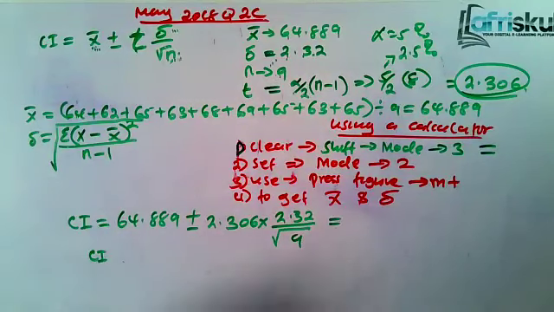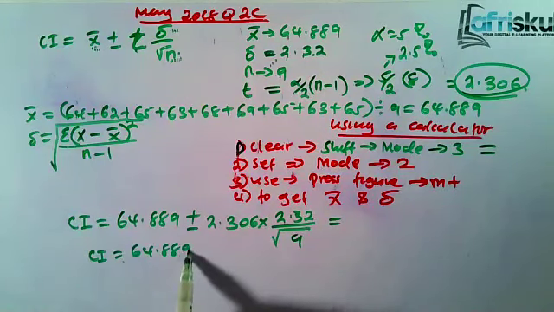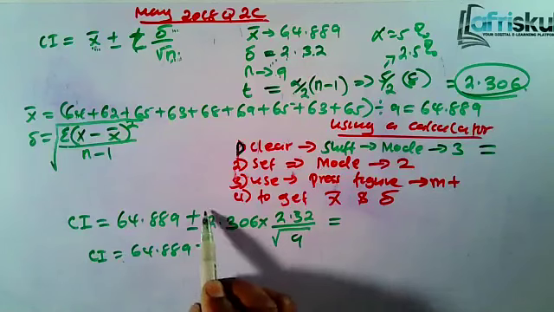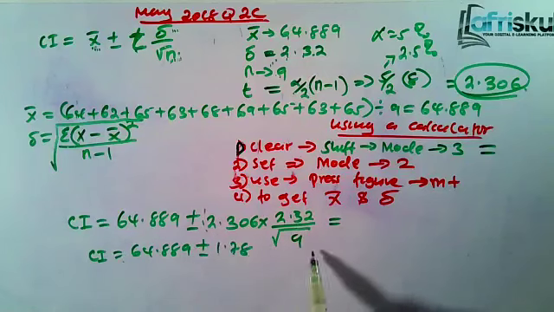So how much do you get there? When you add or when you deduct. So this one will be 64.889 plus or minus. This one, if you do this one, the margin of error, you will get 1.78.